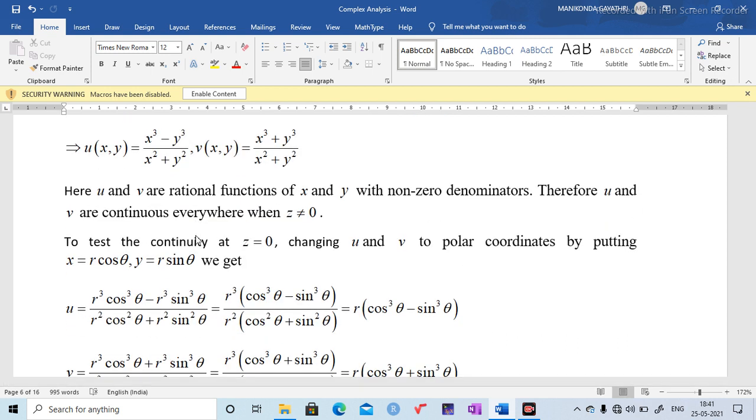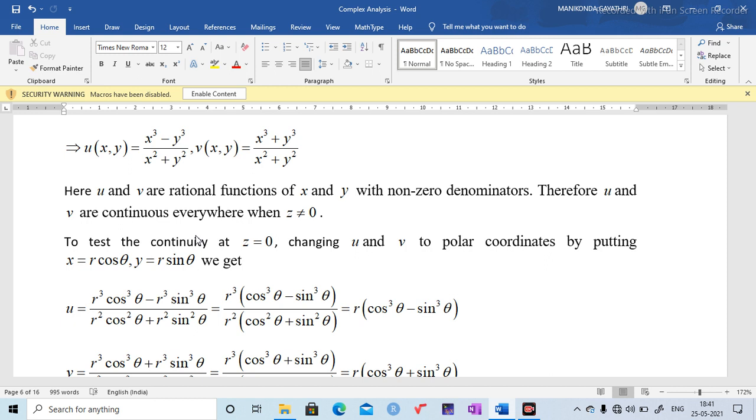Next, to test the continuity at z equal to 0, changing u and v to polar coordinates by putting x equal to r cos theta, y equal to r sin theta. Now I am going to change u and v into polar coordinates. Observe, we have u equal to x cubed minus y cubed by x square plus y square.